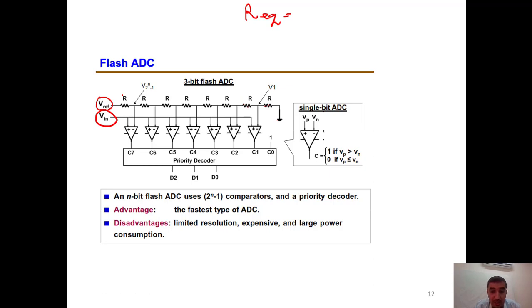Okay, we get the equivalent resistance equal to R, and this is basically to do a voltage divider.